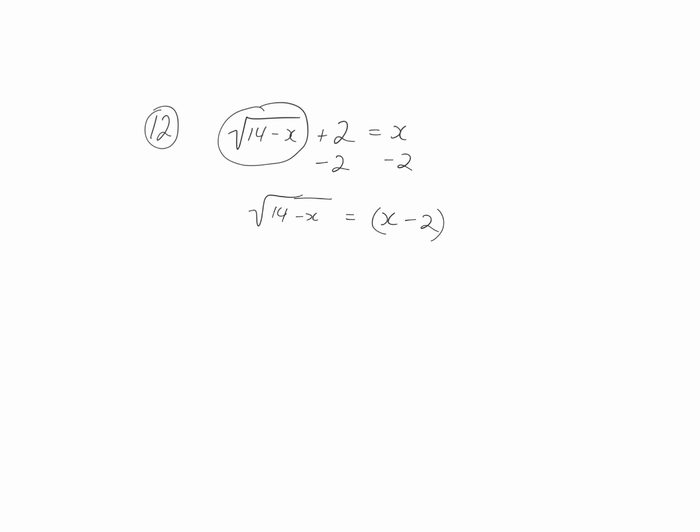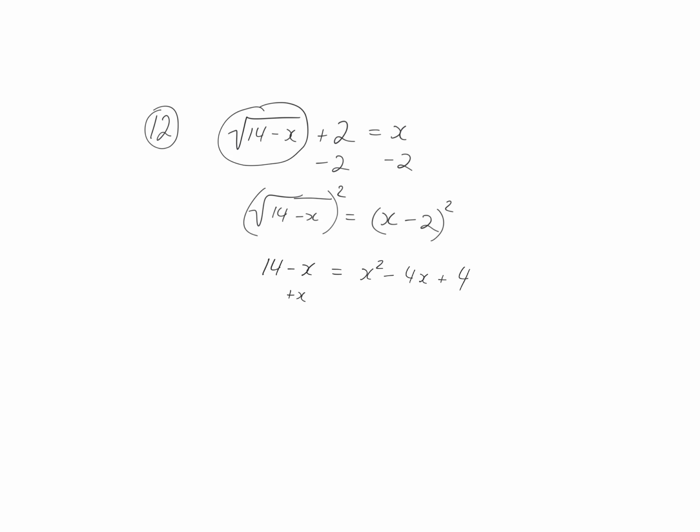And then we square both sides. And we're left with 14 minus x equals x minus 2 squared, which is x squared minus 4x plus 4.